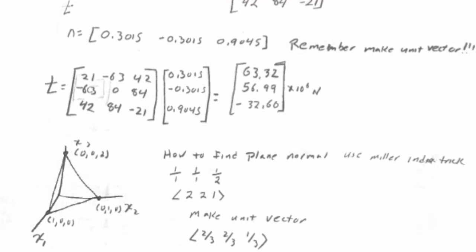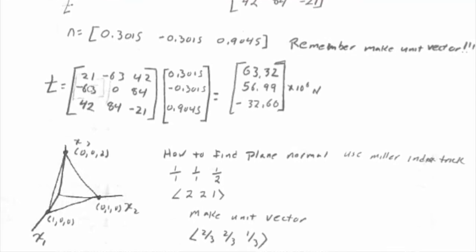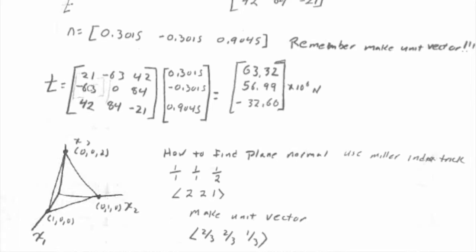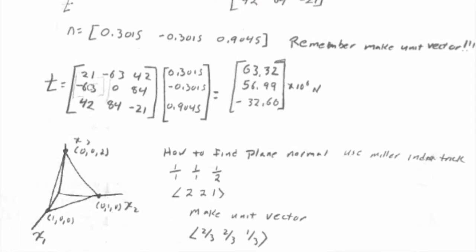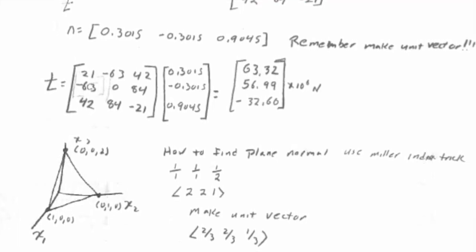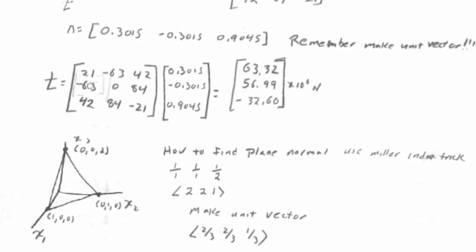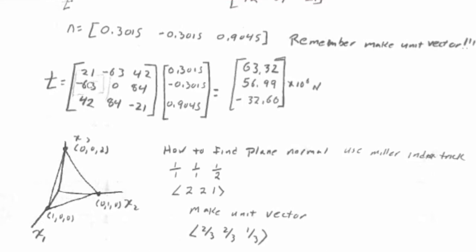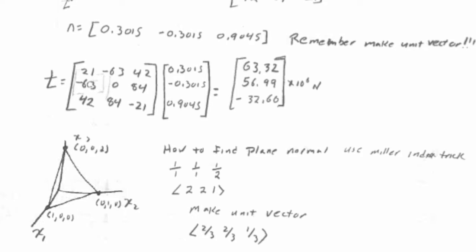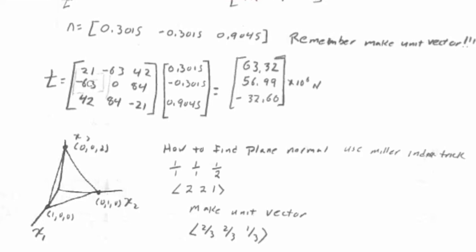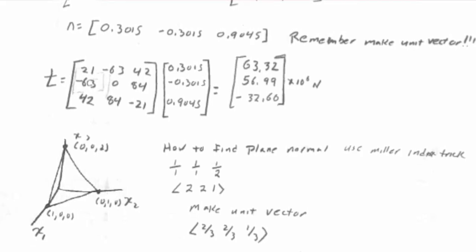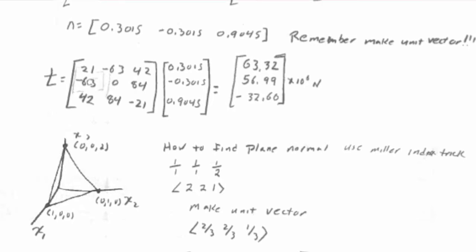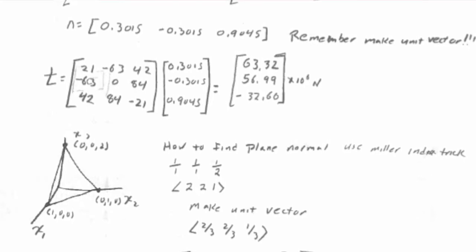So this is the normal, right? And so then the traction vector, right, is just sigma n, right? Standard matrix vector product, and I get 63.